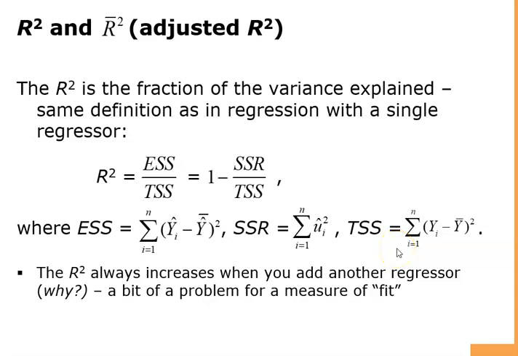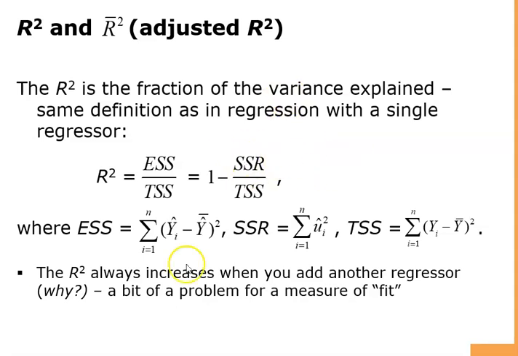But the important point to note over here is that the R square always increases when you add another regressor. And why is that the case? Let's take a look at these equations over here. When another regressor is added, it simply means that your u, your residual, should actually be explaining less of the total variation than before.